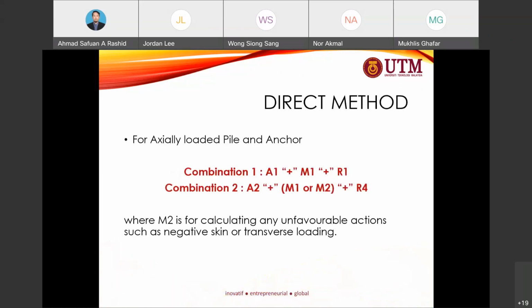For the direct method, for axially loaded pile and anchor, it is the same procedure where we have combination one and combination two. M2 is for calculating any unfavorable action such as negative skin friction or transverse load.